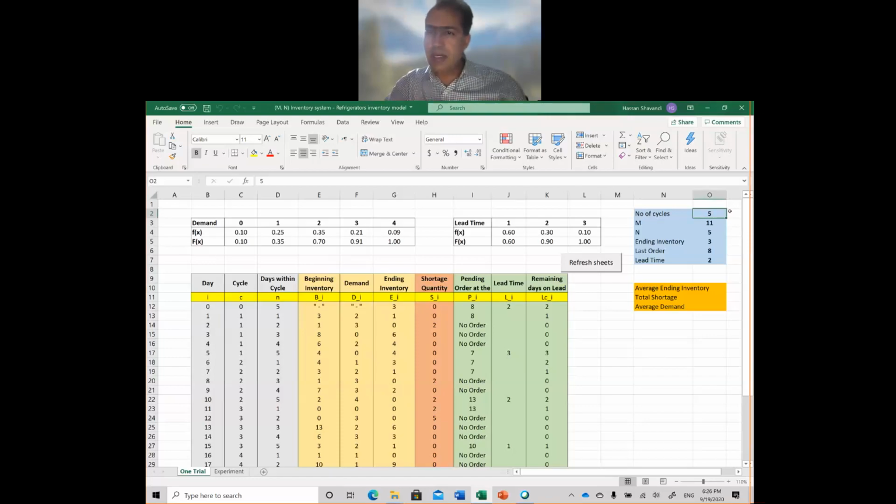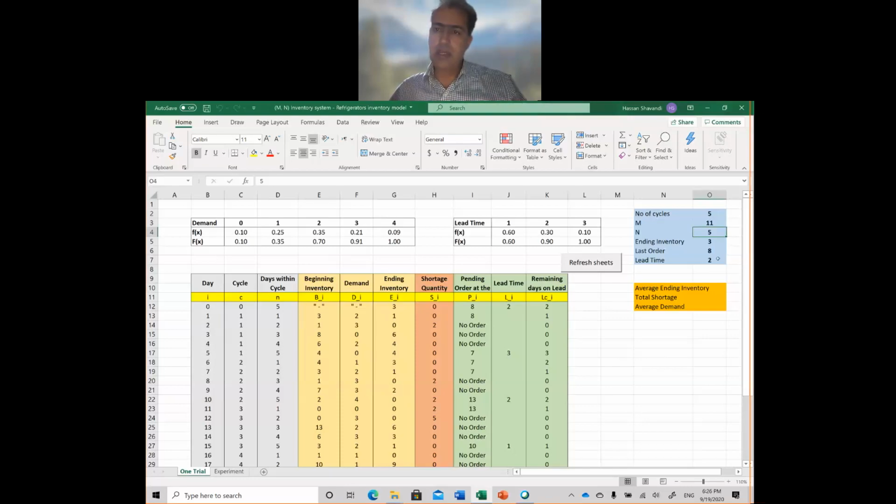The maximum level of inventory could be 11, and the number of days in each cycle is 5 days. So we're going to order every 5 days.